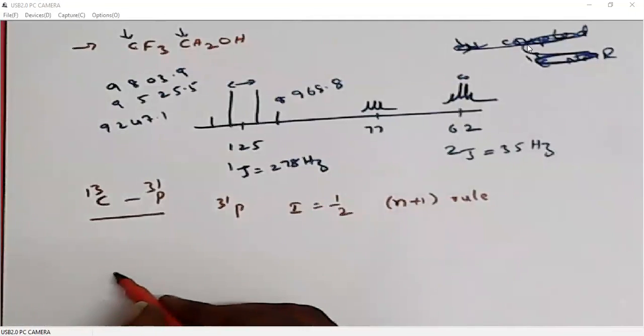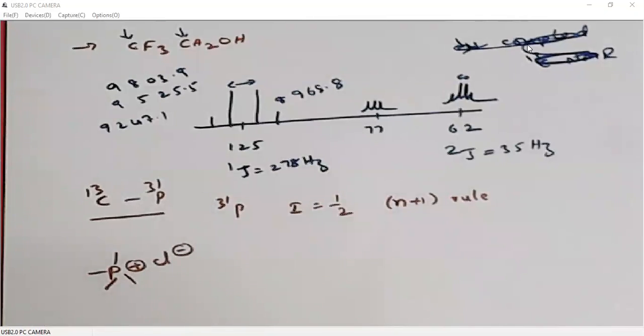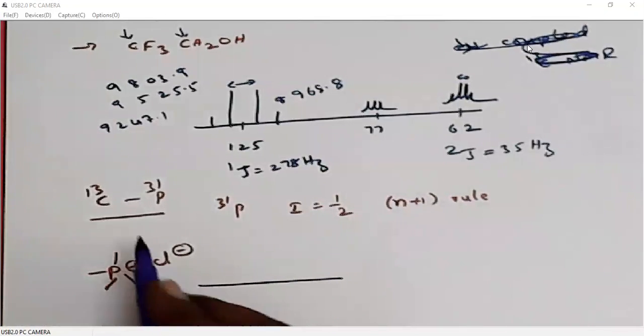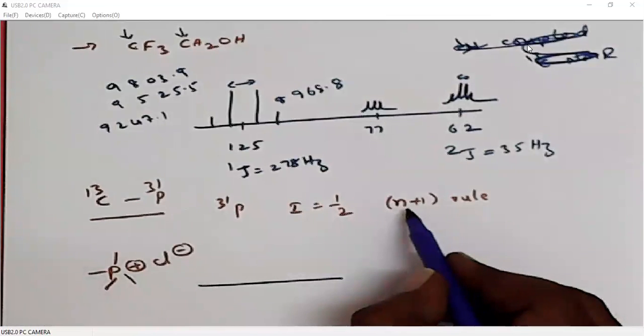For example, take this compound, four methyl groups and phosphorus. Of course, they are equivalent carbons, so we will get only one signal in the carbon-13 NMR spectrum. But phosphorus will couple with this carbon, so the single signal will be split into a doublet based on the n+1 rule.